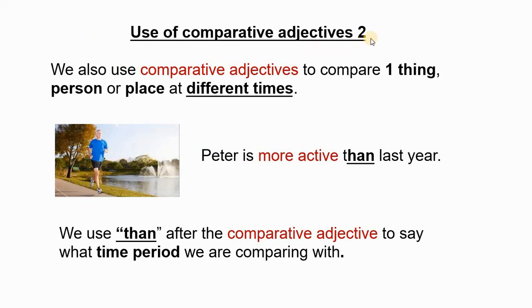Number 2. There is another use of comparative adjectives, and so we can also use comparative adjectives to compare one thing, one person, or place at different times.